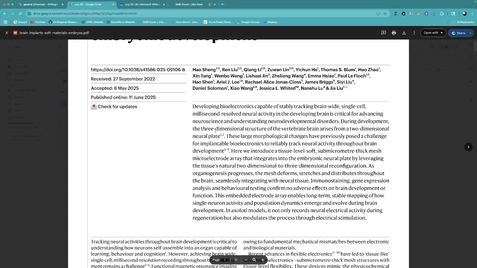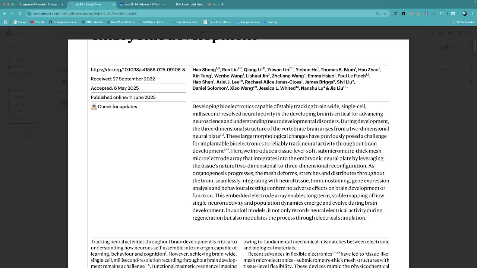During development, the three-dimensional structure of the vertebrate brain arises from a two-dimensional neural plate. These larger morphological changes have previously posed a challenge for implantable bioelectronics to reliably track neural activity through brain development.